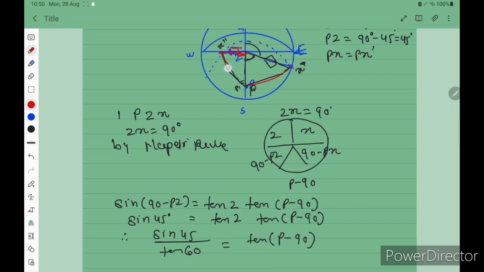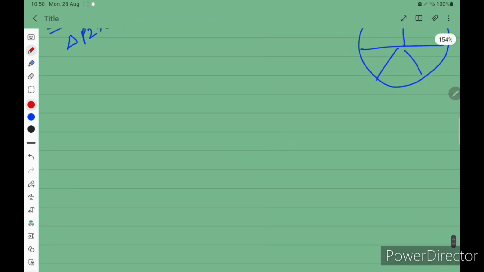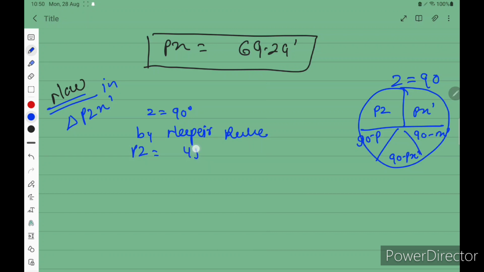Now we are discussing this triangle: PZ, PX dash, 90 minus X, 90 minus PX, 90 minus P. Z is equal to 90 degrees. So by Napier's rule, PZ is equal to 45, we already calculated. PX is equal to PX dash, which is 69.29.